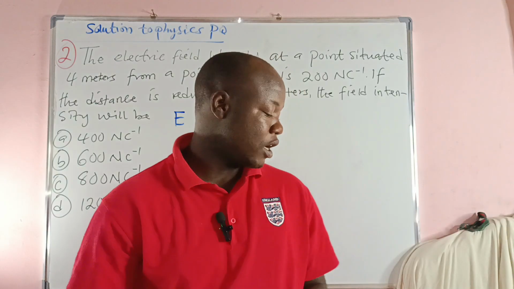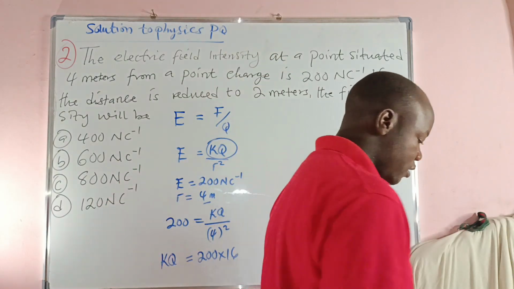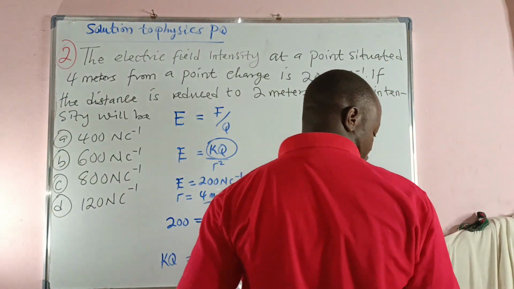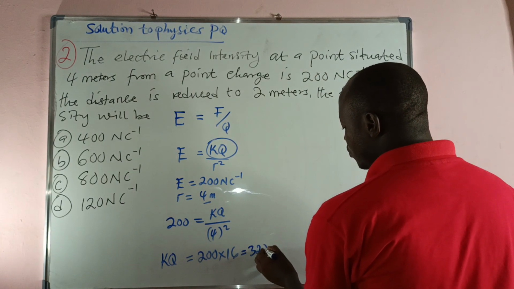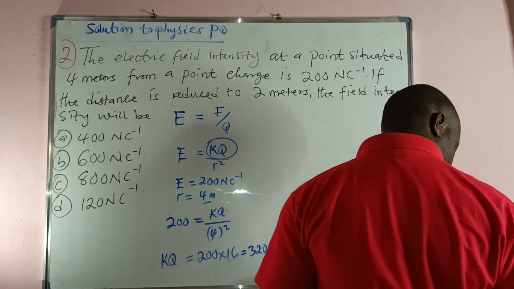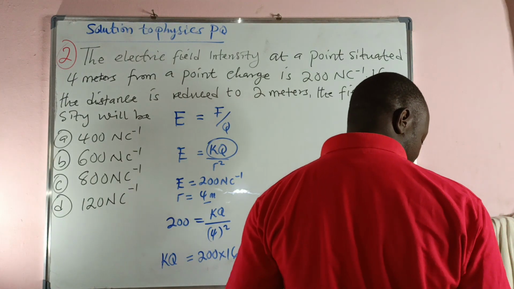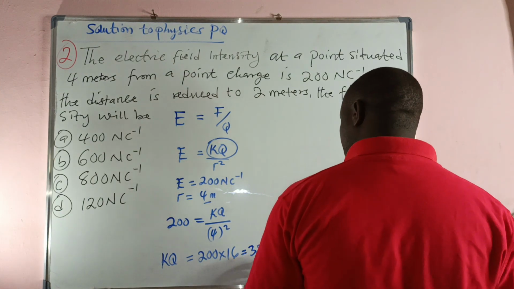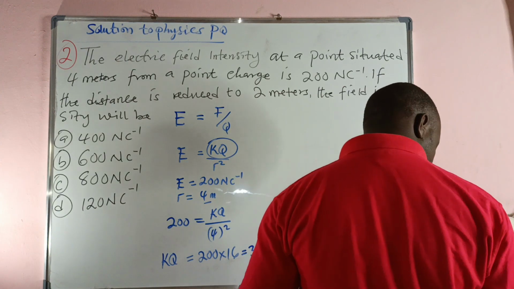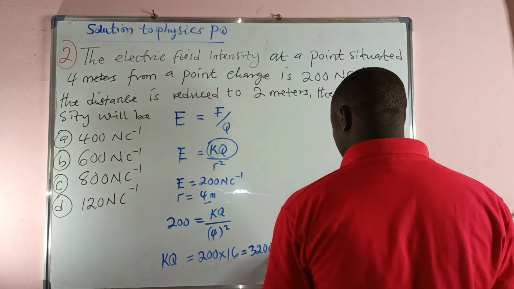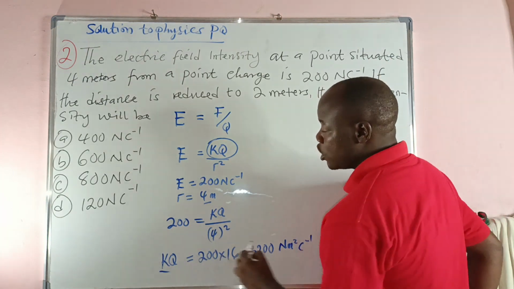If you multiply 200 times 16, this will give us 3,200 Newton meter square per coulomb. So we now have KQ.